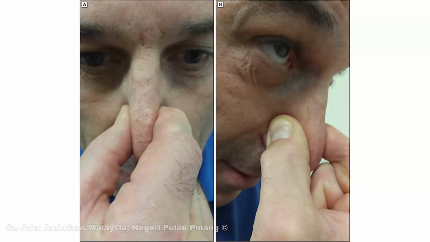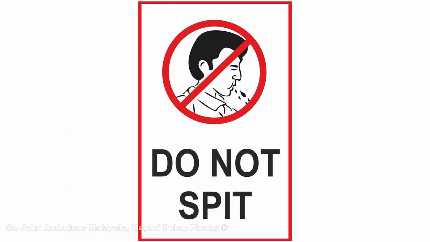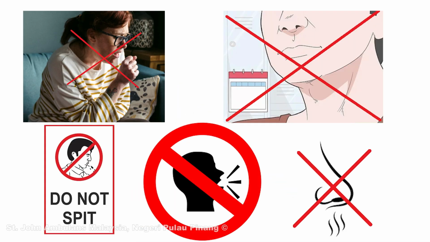Advise him to breathe through his nose and to pinch the soft part of the nose for up to 10 minutes. Ask the person not to speak, swallow, cough, spit, or sniff, since this may disturb blood clots that have formed in the nose.